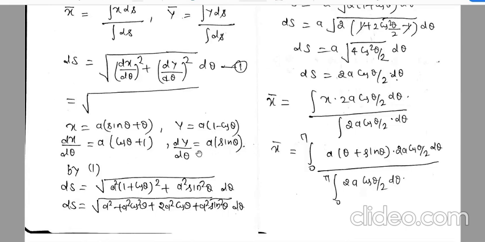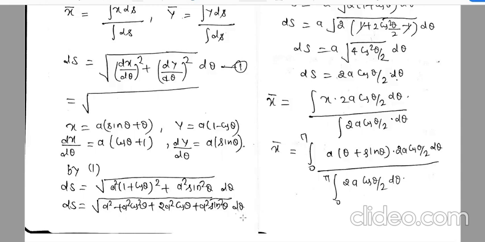Now put these two values in the equation for ds. So ds is equal to square root of a square (1 plus cos theta) whole square plus a square sine square theta, d theta. Now expanding (a plus b) whole square, we get a square cos square theta plus 2 a square cos theta plus a square sin square theta.